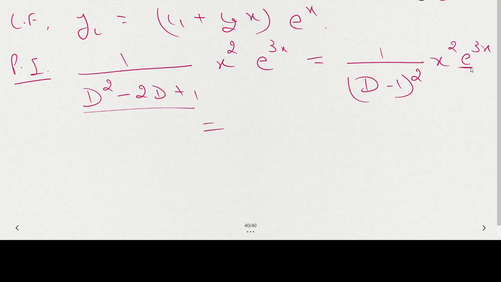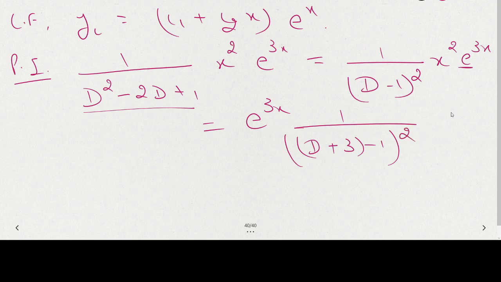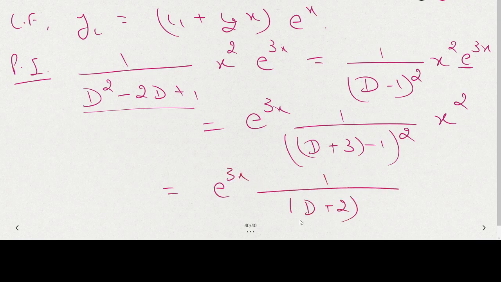If we take e^(3x) to the left-hand side, then it will be (D+3-1)². So it will be equal to e^(3x) 1/(D+2)² x².